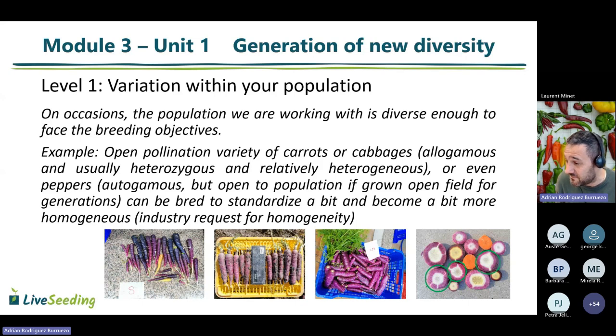You can see different sizes, different colors from dark purple to pale purple, from very pointed carrots to more cylinder shaped carrots, even white or yellow carrots. So you cannot imagine what we found at the moment to start.